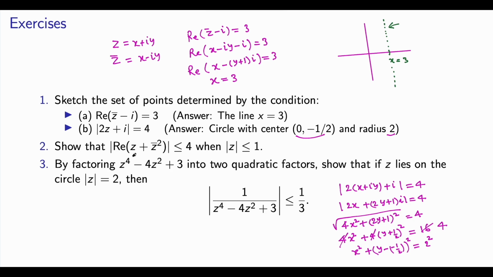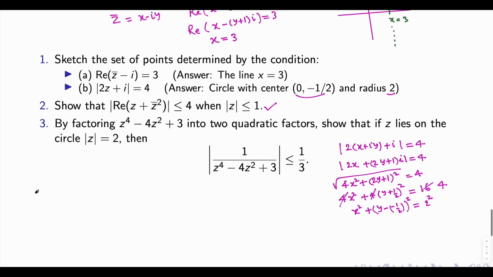Similarly, show that the modulus of the real part of z plus z bar whole square is less than or equal to 4 when mod z is less than or equal to 1. You can solve this. The solution is already provided in the next slide. Similarly, factorize z power 4 minus 4z square plus 3 into two quadratic factors, and show that if z lies on the circle modulus z equal to 2, then this holds.